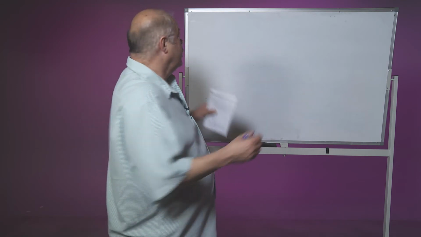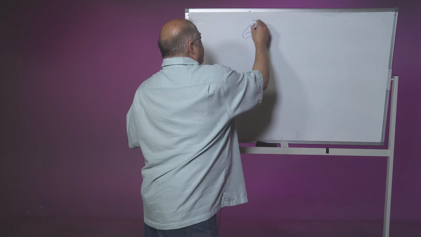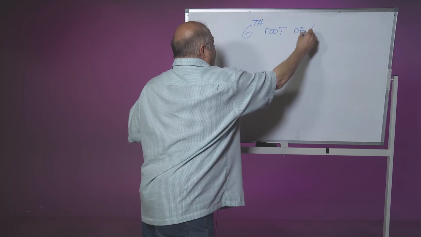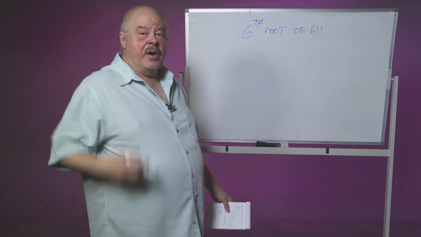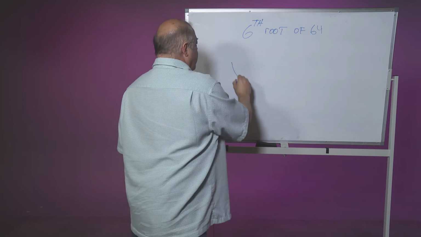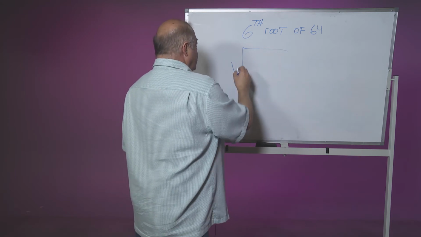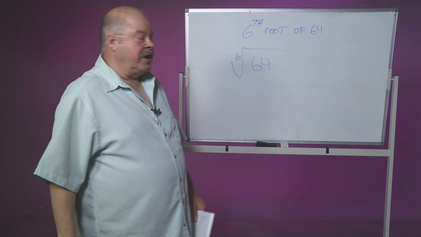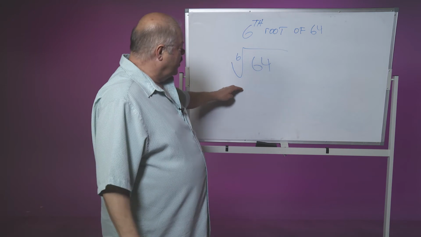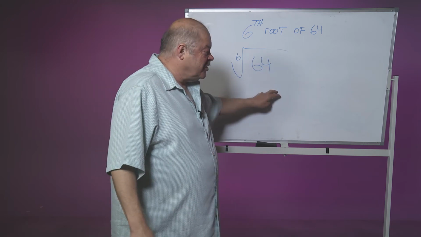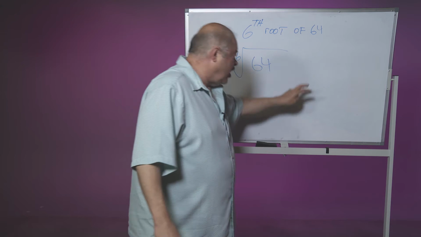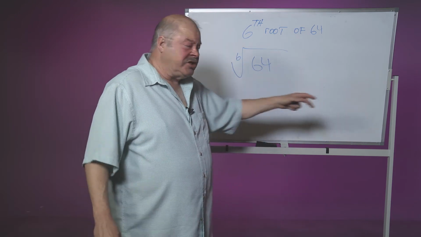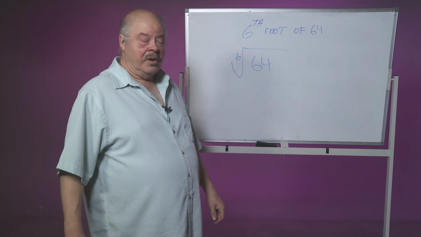They might say, what is the 6th root of 64? The way they might write that is they'll draw the symbol and put a 6. So what are they asking? They're asking what number times itself, times itself, times itself, times itself, times itself. What number times itself 6 times equals 64?